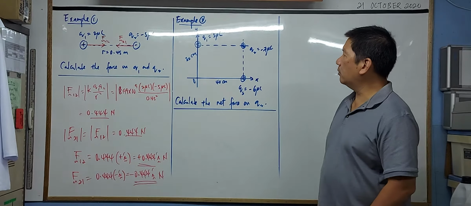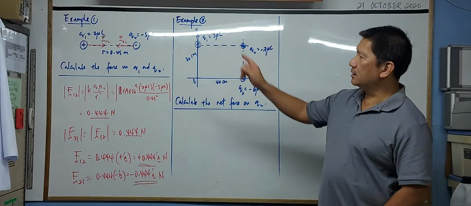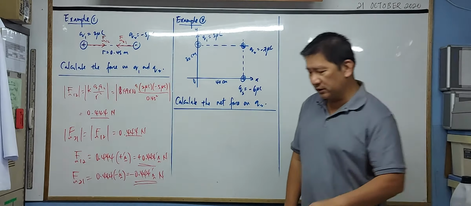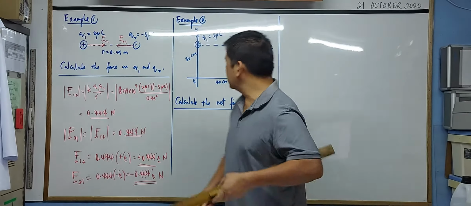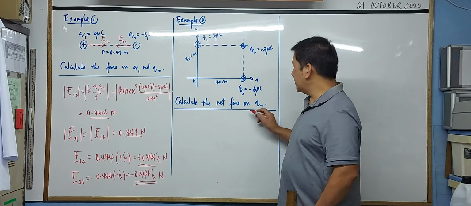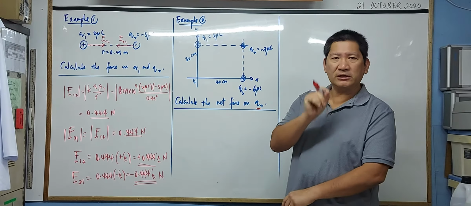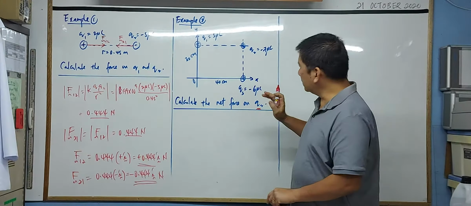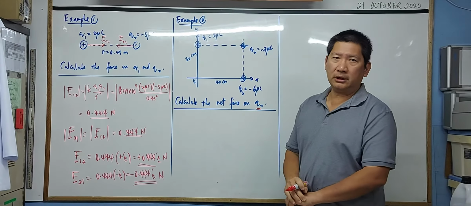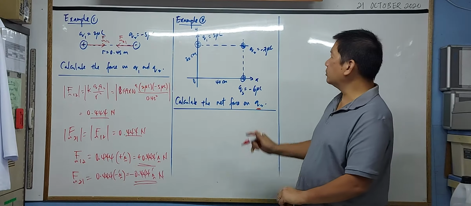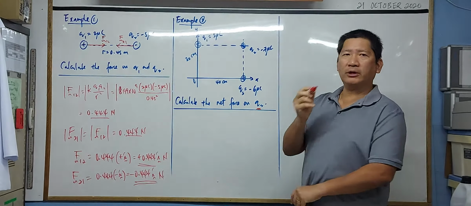Example 1 showed that our step number 1 is to label all the forces involved. In this case, the question says on Q2, that means you only label the forces on Q2. For Q1 and Q3, there's no need, because we only asked for Q2.